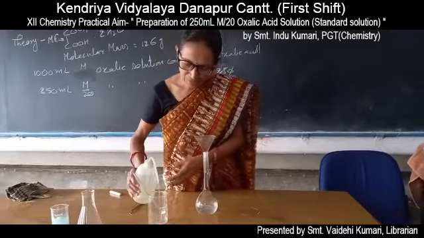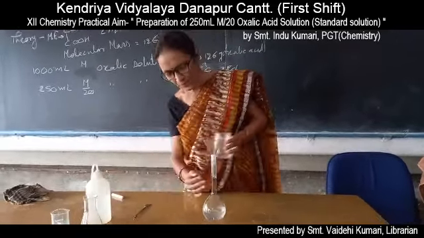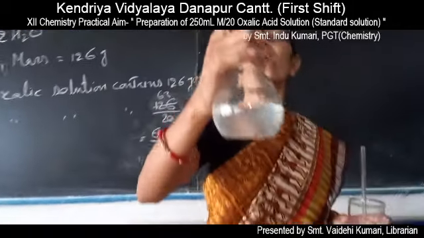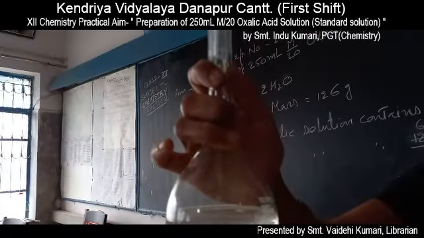We have to make the volume up to 250 milliliter. This is the mark of the 250 milliliter measuring flask.